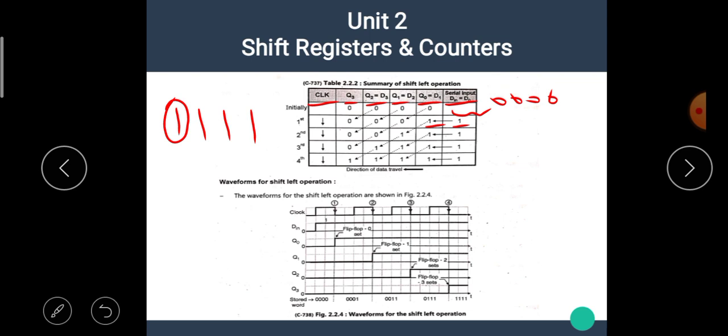Then after the first clock pulse, we get the data 0 0 0 1. At the second clock pulse, flip flop 1 sets, hence we get the data 0 0 1 1. At the third clock pulse, we get the data 0 1 1 1, and at the fourth clock pulse all the flip flops are in set condition, hence we get the data 1 1 1 1.